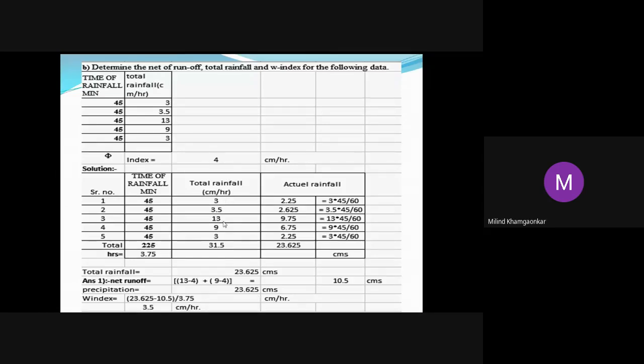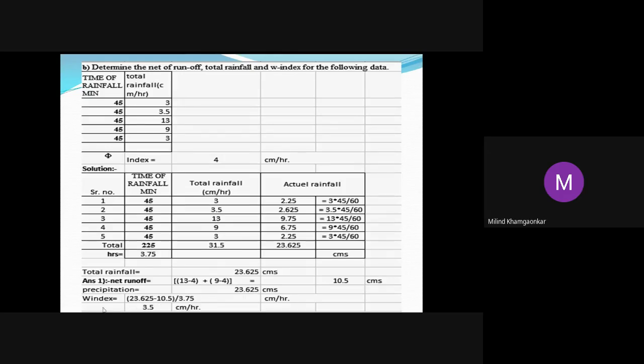So in all these five values, only 13 centimeters per hour and 9 centimeters per hour are greater than 4 centimeters per hour. Therefore, we have taken these two values for calculating the runoff. So 13 minus 4 plus 9 minus 4, which is equal to 10.5 centimeters, is the total runoff.